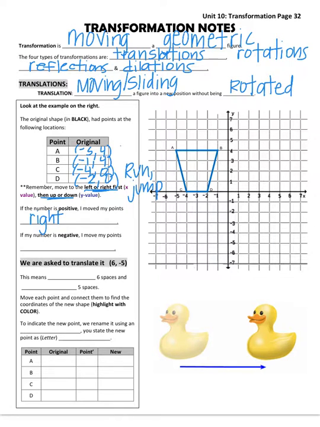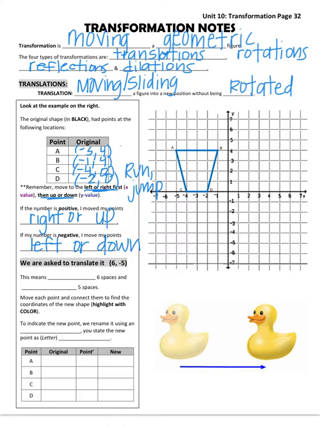Think about your number line. On the number line, positive numbers are here on the right. Or we move up. Positive numbers are on the right, are going up. So right or up. If the number is negative, we move left or down.